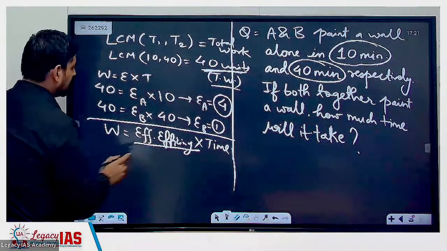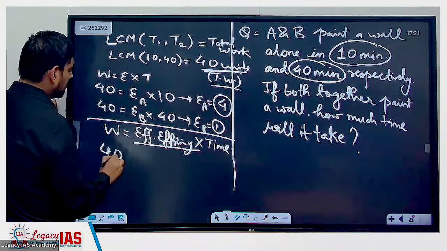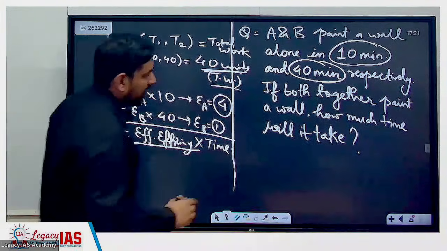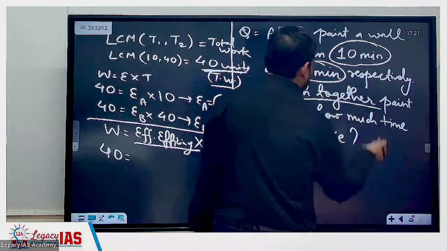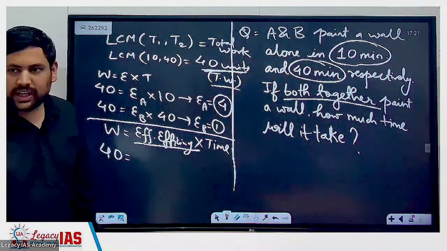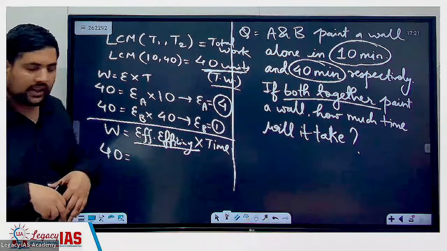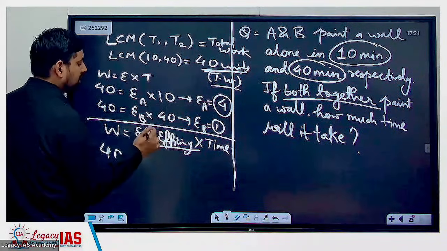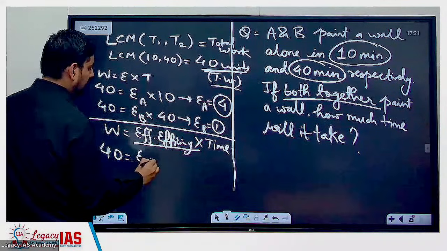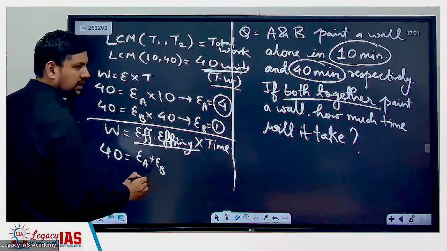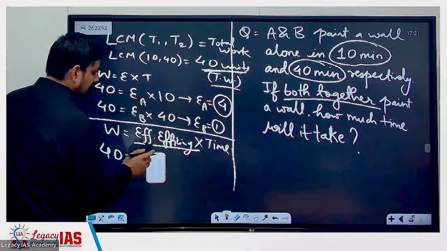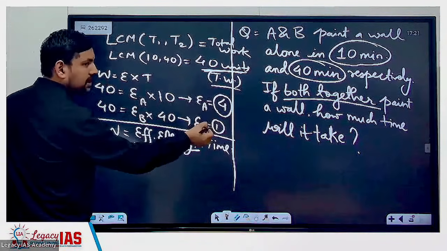So effective efficiency. So work done is still 40. Now it is saying if both of them work together, in how much time will they paint? If they both are working together, their efficiencies will be added. So effective efficiency will be efficiency of A plus efficiency of B, or I can directly write 4 plus 1, 5.